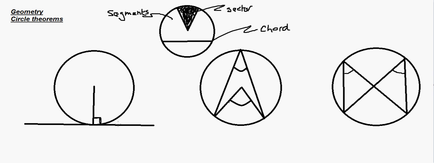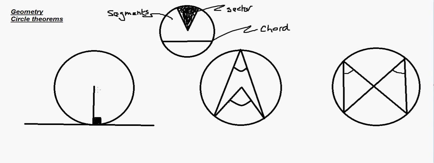One is this: any line that's a tangent to the circle will always meet the radius at a right angle. This and all of these rules are cast in stone.